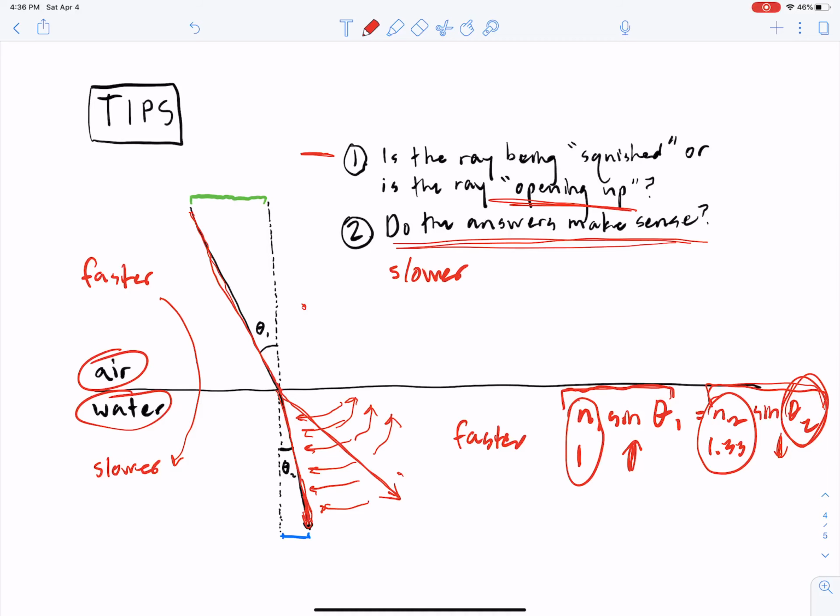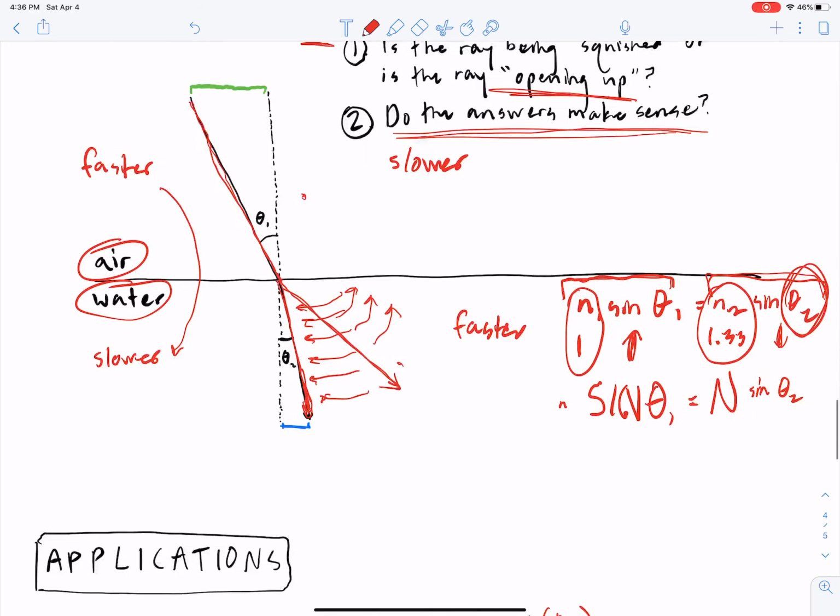So, for these sides to be equal, you have small n1 and big sine theta 1 will equal bigger n2, small sine theta 2. And that should help you. It's a really, really easy way to ensure that your answers are correct.